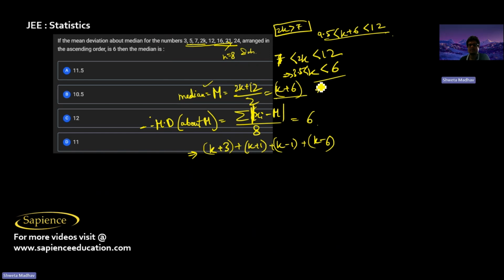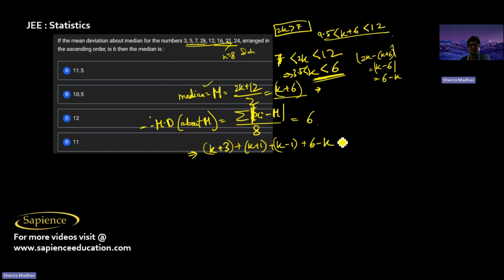Now k can be negative also, or positive also. K is less than 6, it is told. So 2k minus of k plus 6 is k minus 6, but 6 is more than k, so this should not be k minus 6, it should be 6 minus k, since we have to take the mod. So the mod of k minus 6 should obviously be 6 minus k.